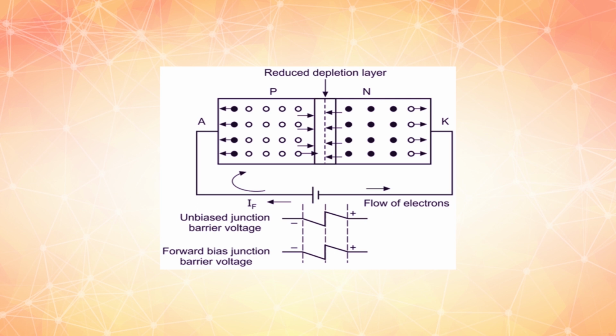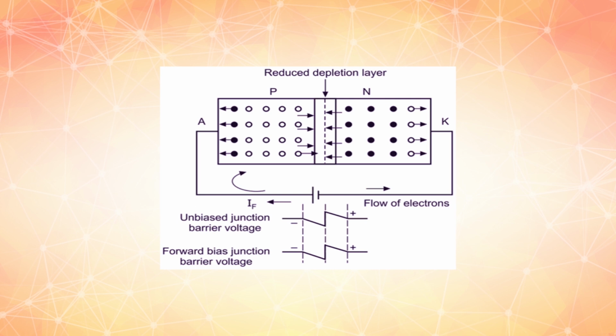So, when the positive terminal of the voltage source is connected to the anode, which is positive, and the negative terminal of the voltage source is connected to the cathode, which is a negative terminal, then it is called forward biasing. Now, what happens here is that the positive current starts flowing through the diode.